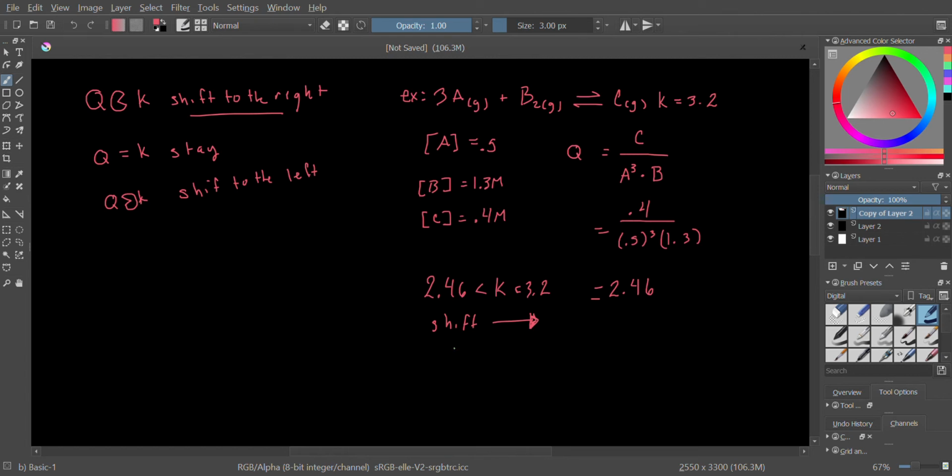So our concentration of products will increase, whereas our concentration of reactants will decrease. I'm hoping that makes sense.